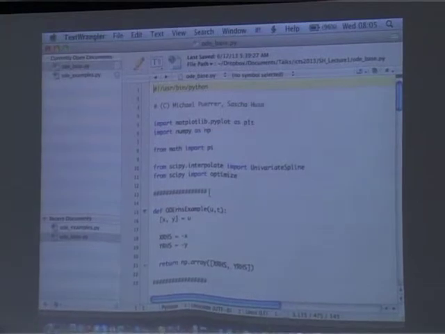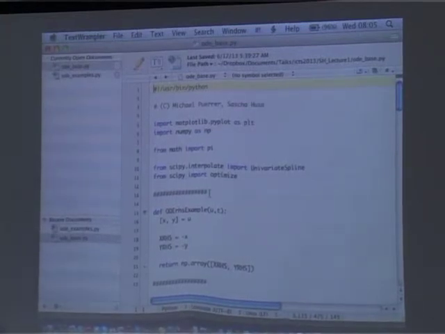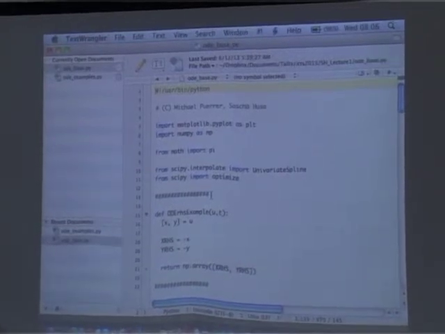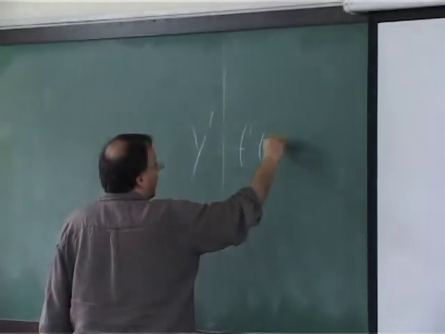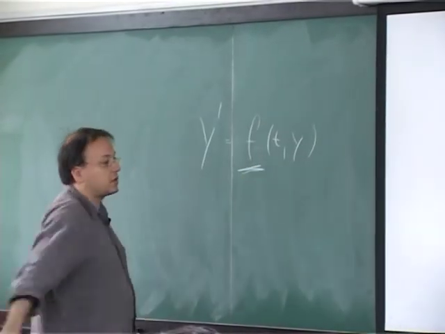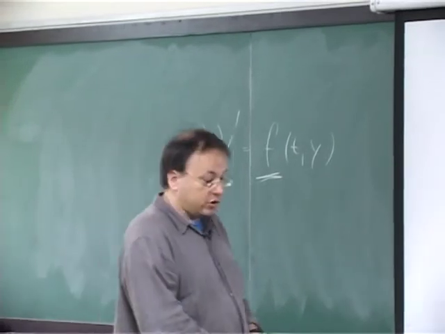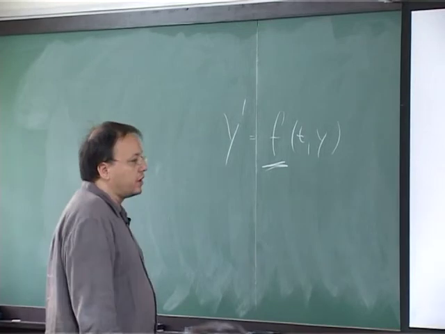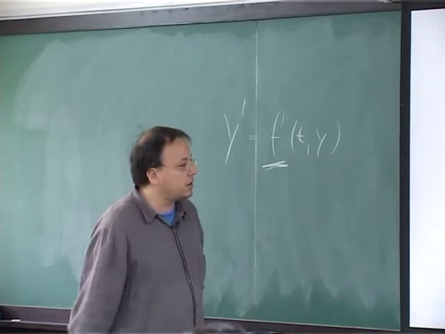Then, part of this general infrastructure is already an example. Here I define a function called ODE right-hand side example of u and t. This is the part which, for some ODE, defines y prime equals f of t and y. It's an example function, and u is a vector here, since this routine is able to deal with systems of ODEs.